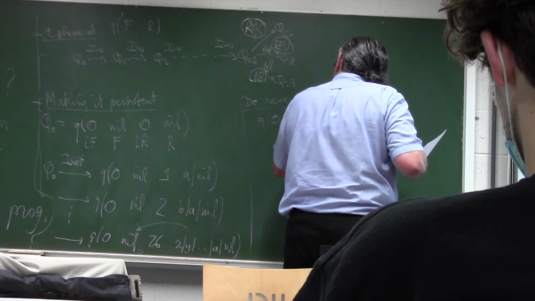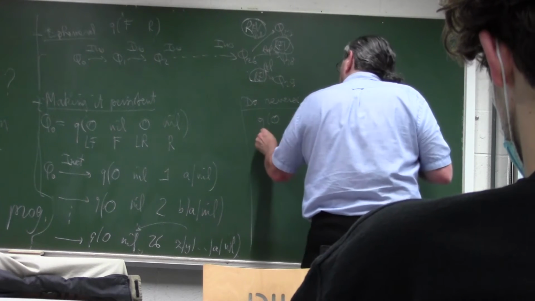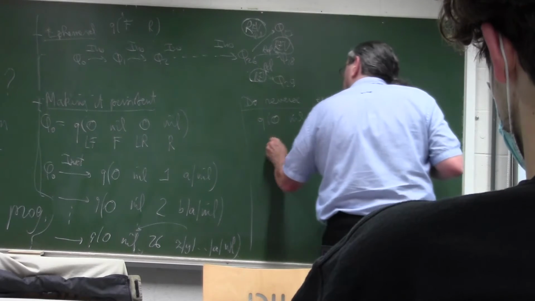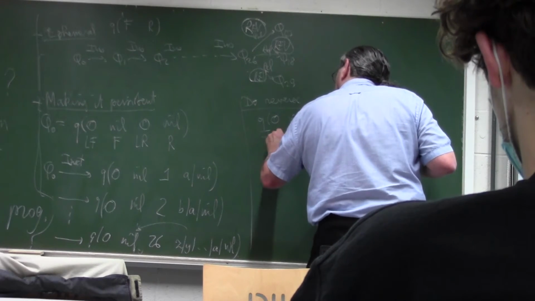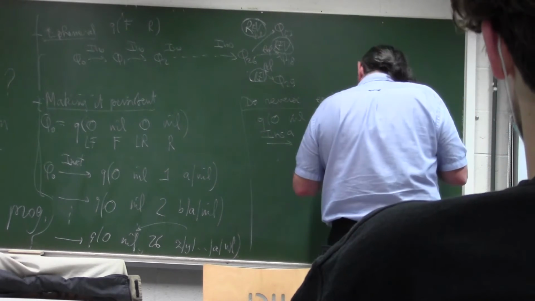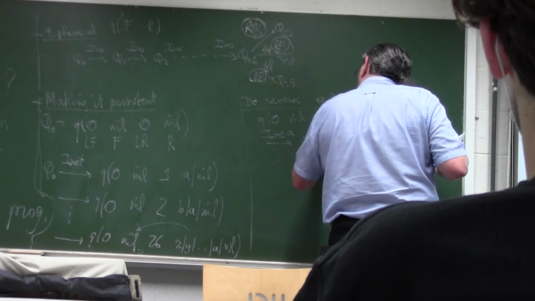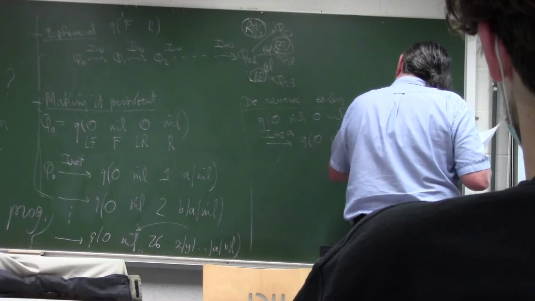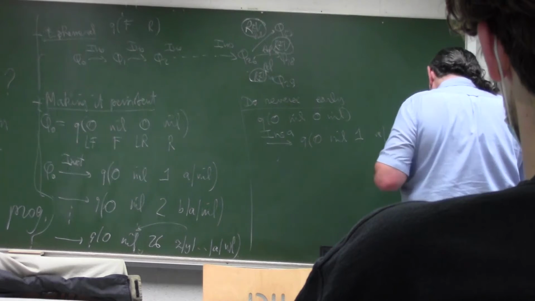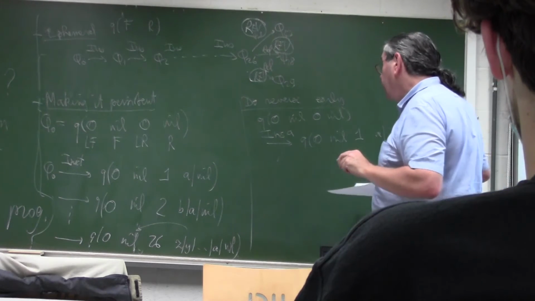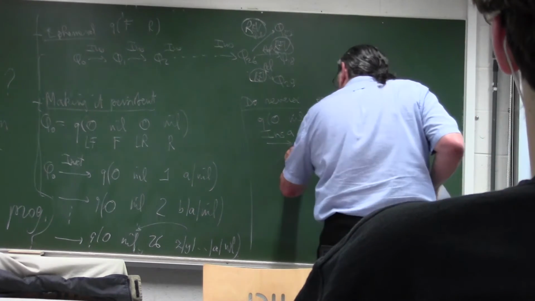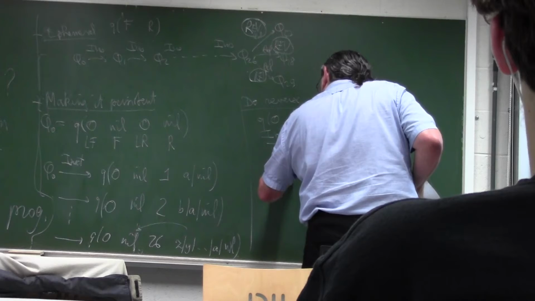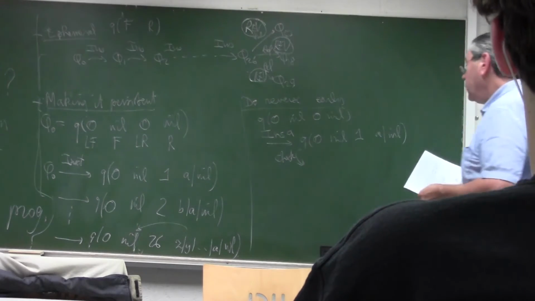Do 0, nil, 0, nil. So now let's insert A. We get 0, nil, 1, A bar nil. And now let's do a check. So let's do reverse now.